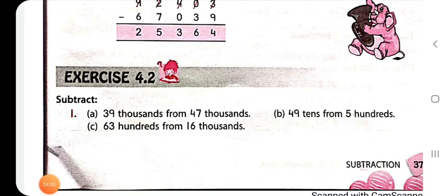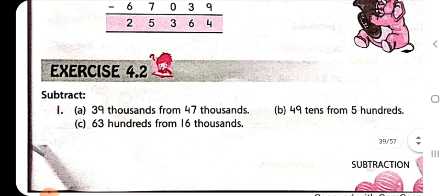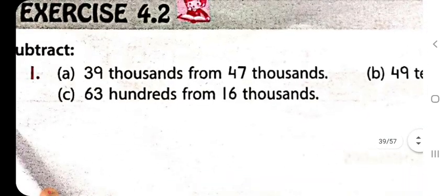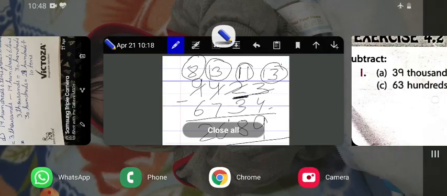So in 4.2, the first sum here is subtract 39,000 from 47,000. As you can see, both are in thousands. So we can simply subtract it. Okay.